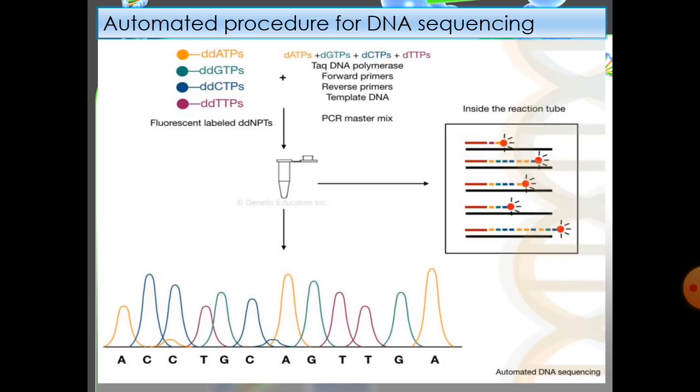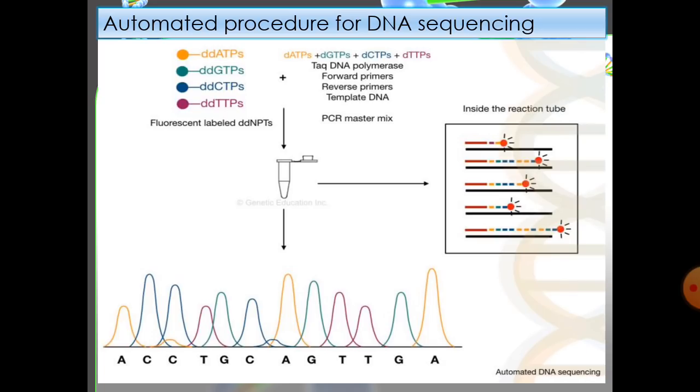The capillary electrophoresis which we are using separates DNA molecules on the basis of size. Here it is powerful enough to separate single base pair fragments. The chromatogram generated through the capillary electrophoresis is sent as the output in the form of a fluorescent peak. You can see the peaks here.